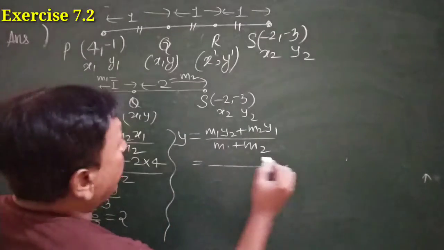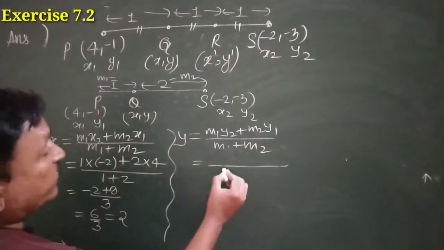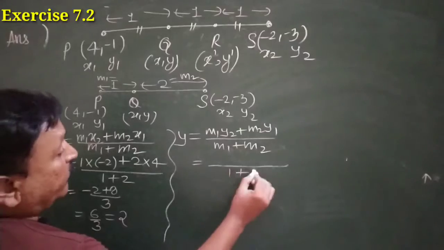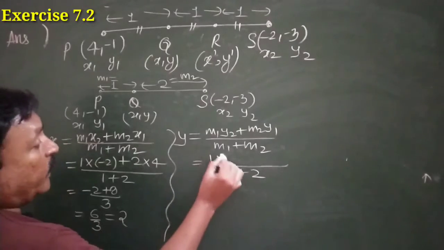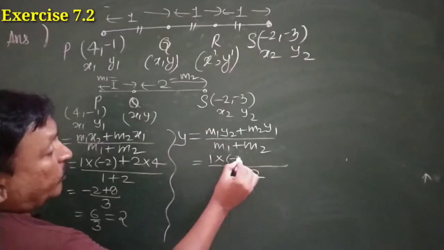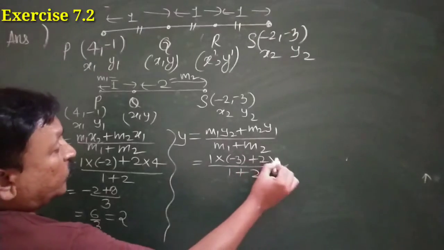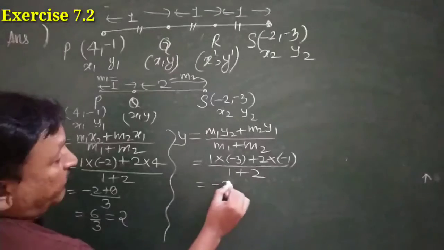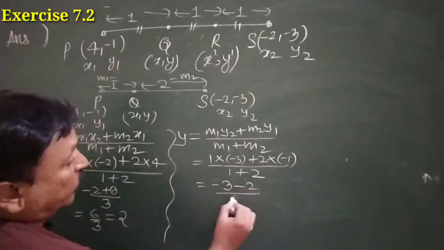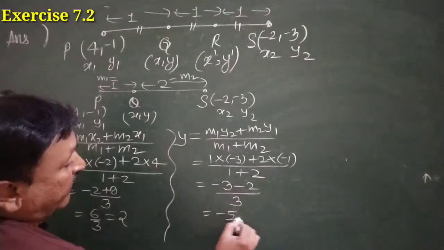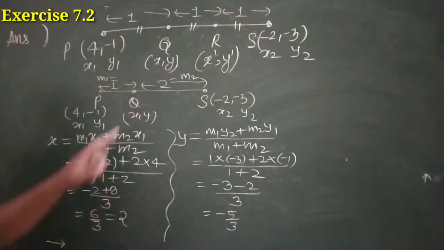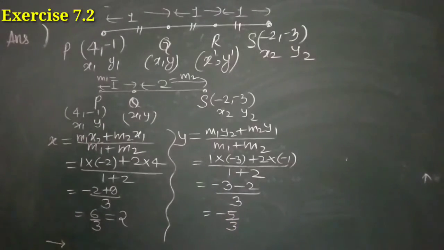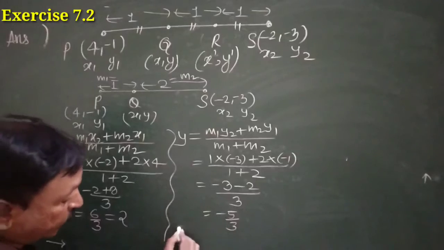Just solve it. m1 plus m2 means 1 plus 2. m1 is 1 into y2 which is minus 3, plus m2 is 2, y1 is minus 1. Minus 3 minus 2 upon 3 means minus 5 upon 3. So the coordinates of Q are 2 comma minus 5 upon 3.